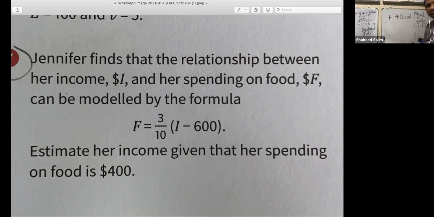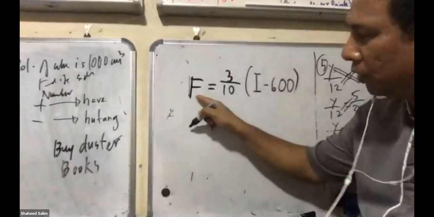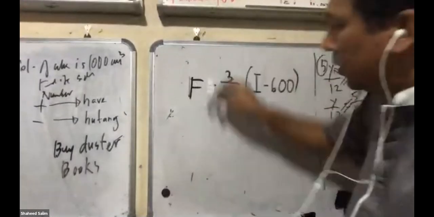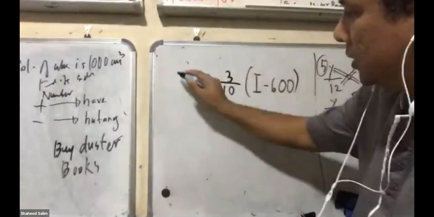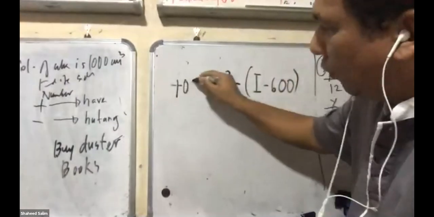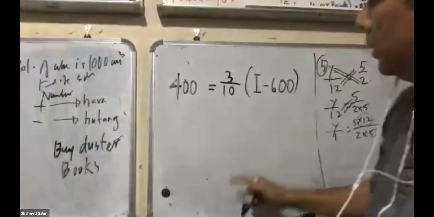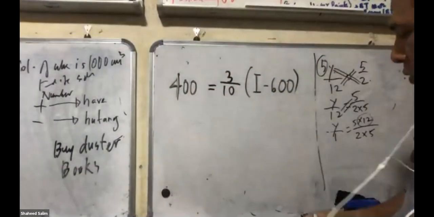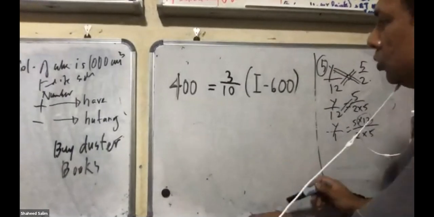Okay, they want you to estimate her income given that the spending on food is $400. That means they're telling us this is $400. So if this is $400, I will just change it into $400. When I change it to $400, can you see that I only have one unknown? So you must do this multiplication the same way as you do.